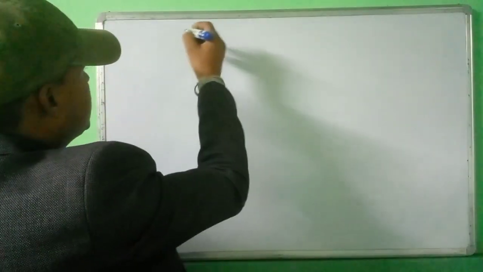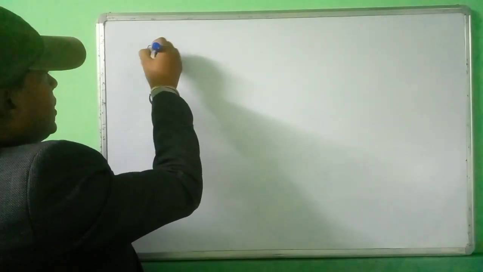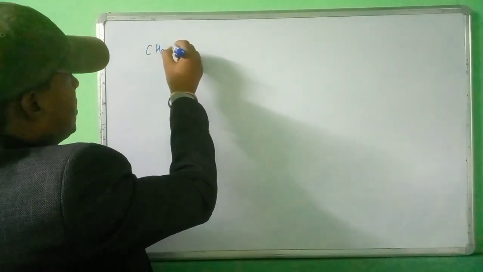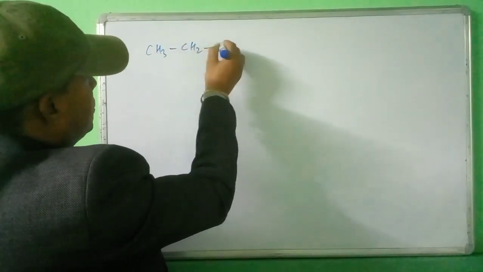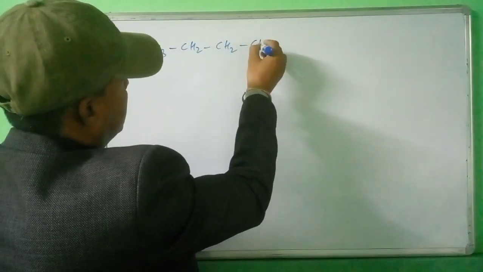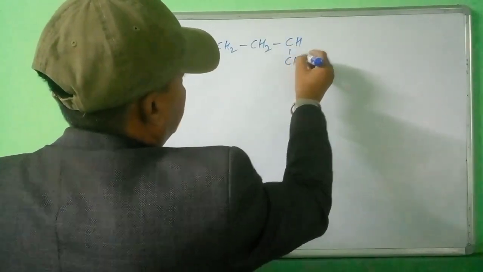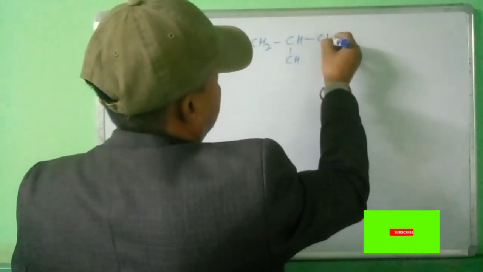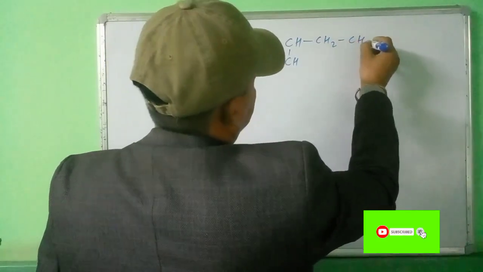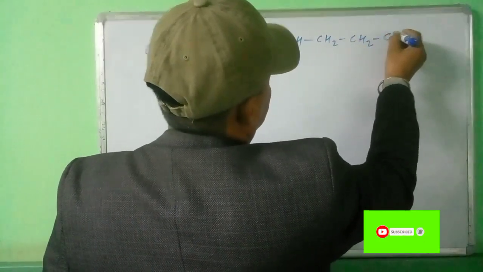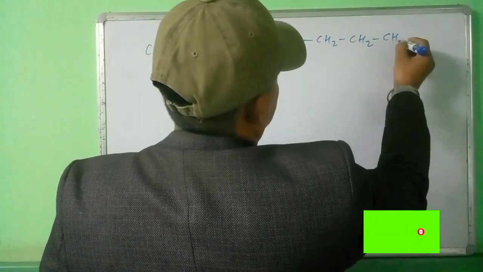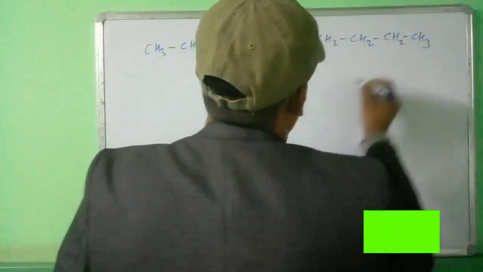Okay, now in the next example, suppose this type of compound: CH3, CH2, CH2, CH2, CH2, CH2, CH2 and CH3.